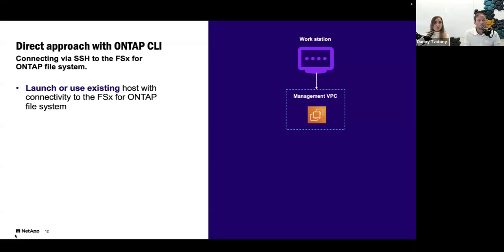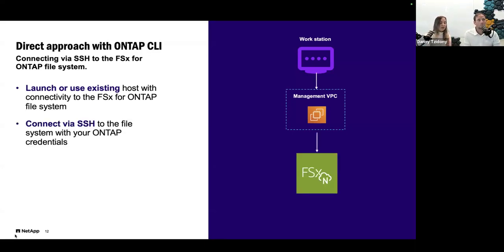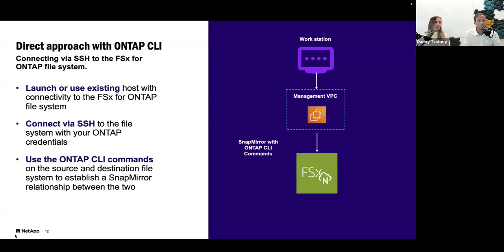Then from that jump host, you can just connect with SSH and using the old familiar CLI commands, including the creation of the peer between the clusters, SnapMirror create, SnapMirror initialize, all those great commands that you might be already familiar with, you can create that SnapMirror. But if you don't have the ONTAP experience, let's see what are the different options for you to configure this.